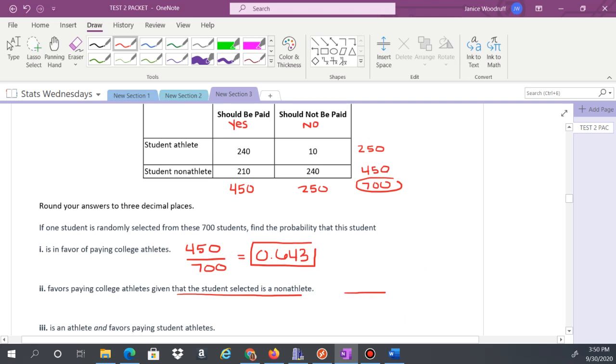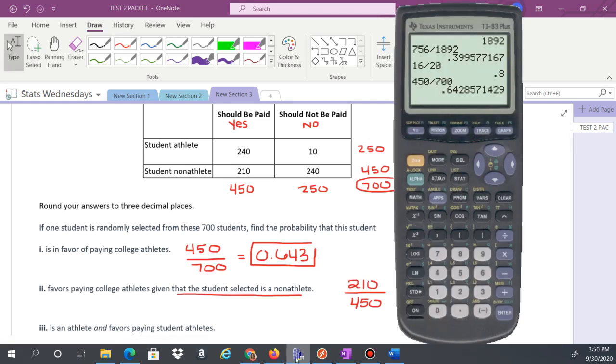So non-athlete, there was a total of 450. Okay, out of those 450, how many said yes? 210. So 210 out of 450, 0.467.